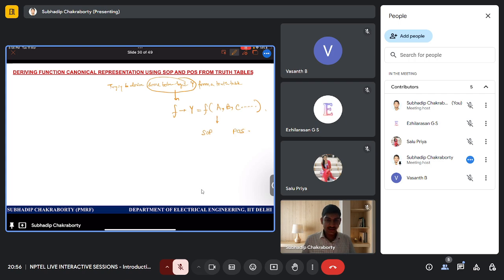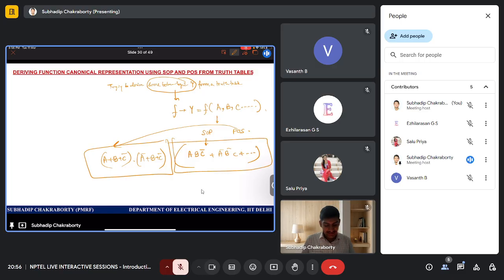In the SOP representation, I have sum of products, so maybe A B C bar plus A bar B bar C plus something, right? And in the POS form, I have product of some terms like (A plus B plus C bar) into (A bar plus B plus C bar), like this.